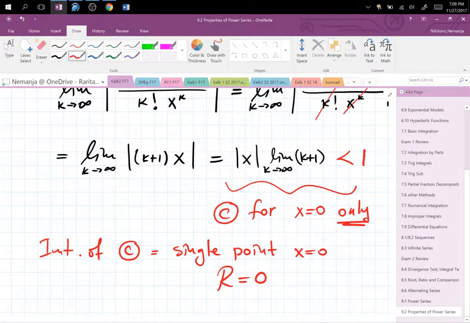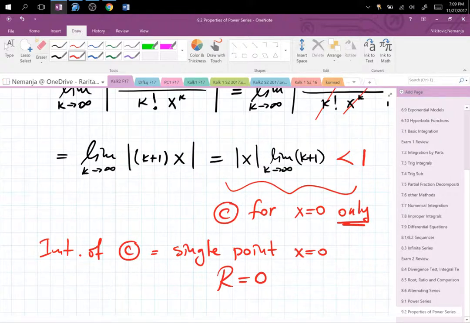It was from -2 to 6. Radius was 4. And now we have this single point convergence. Converges only for x equals 0. And any other value you pick for x, it's going to be divergent.